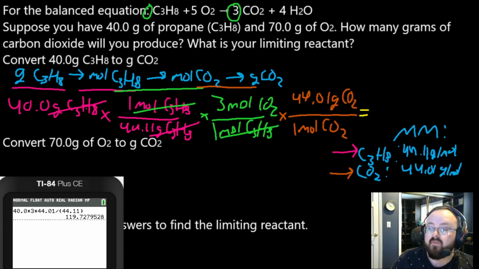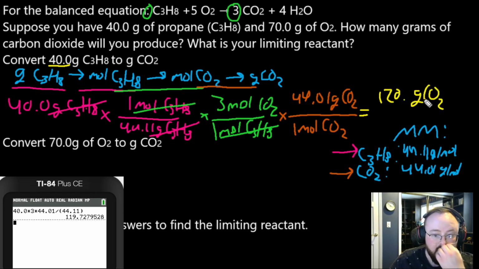This gives me my final answer. We're going to make sure that we are using our proper sig figs. We started out here with 3 sig figs, so we're going to round this to 120 grams of CO2.